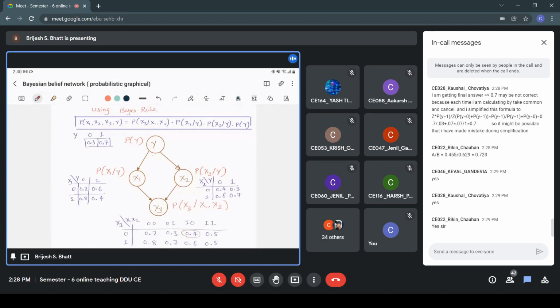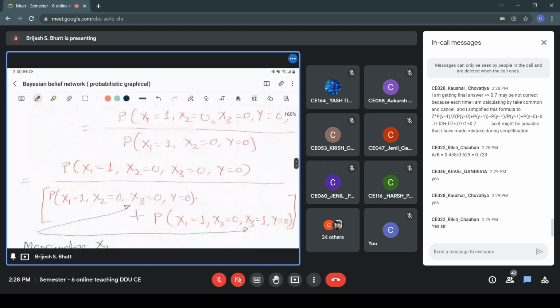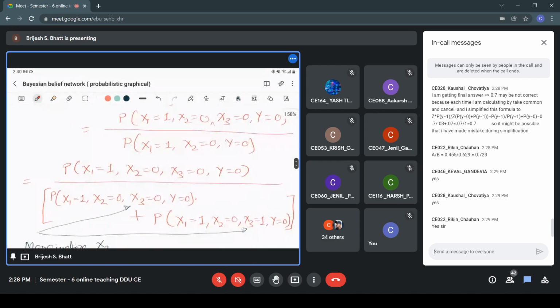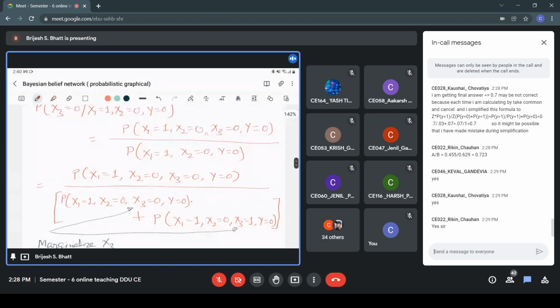Second part is you might have noticed that the calculation is very cumbersome. It takes a lot of time to calculate this value. So can anyone tell me how much time in worst case this calculation can take?